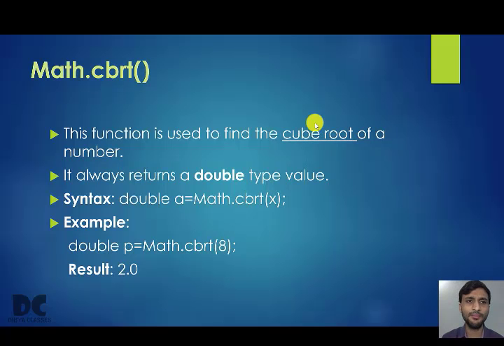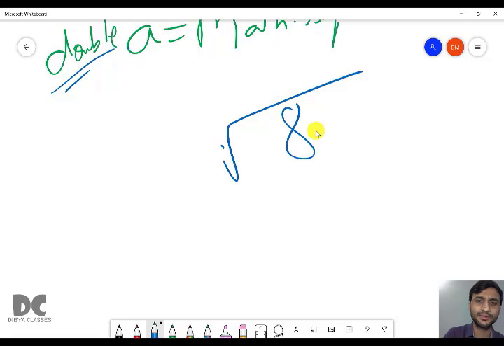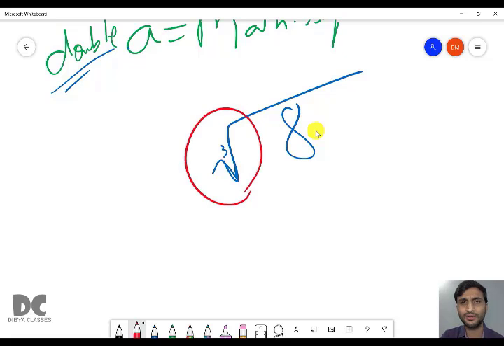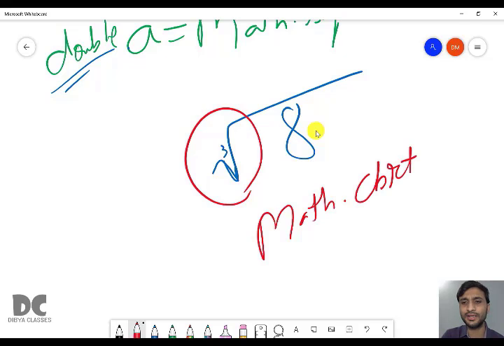Next we have Math.cbrt. If you want to find the cube root, now we are finding the square root, now we want to find the cube root. For example, cube root of 8. This cannot be written in Java. The symbol cannot be written through the keyboard. So for that you have to use Math.cbrt(x), where here 8 is the x. x may be any integer or real value.